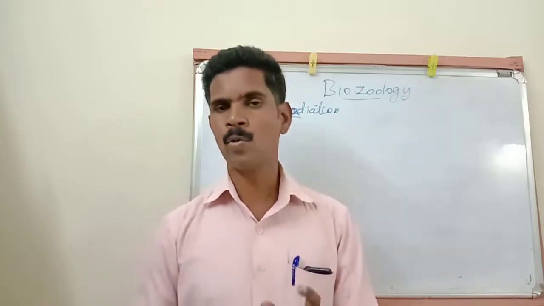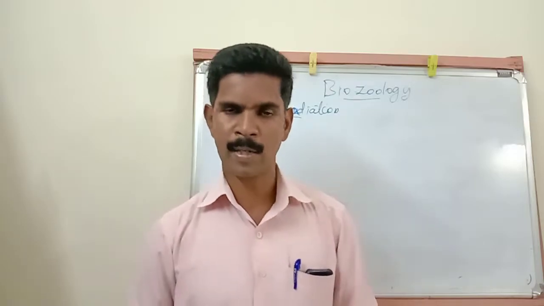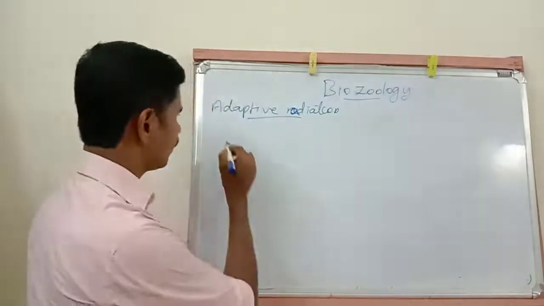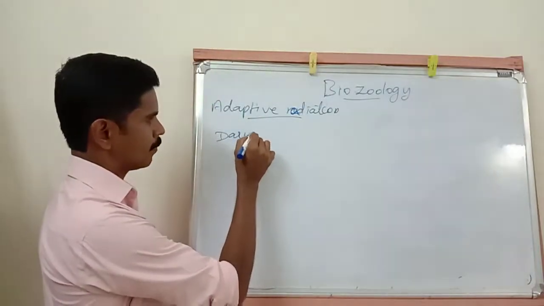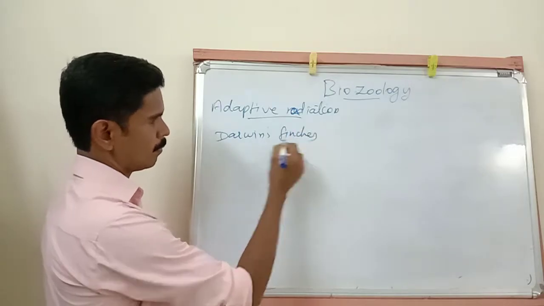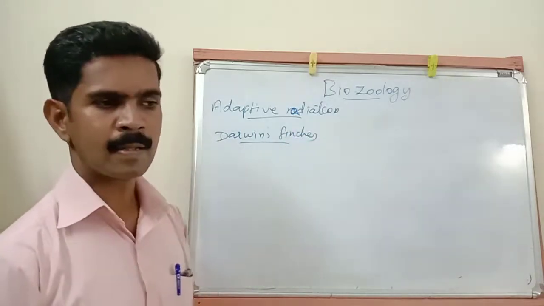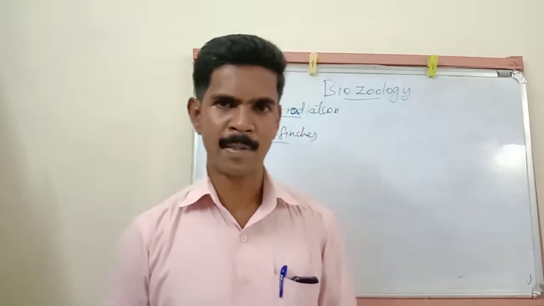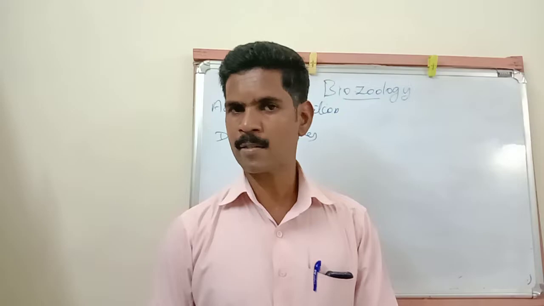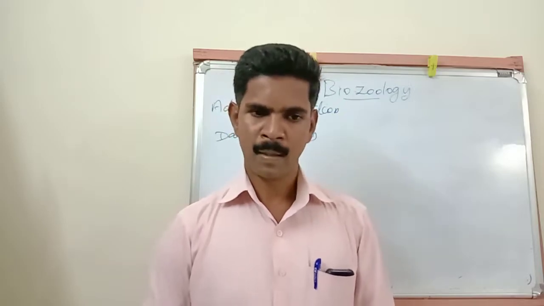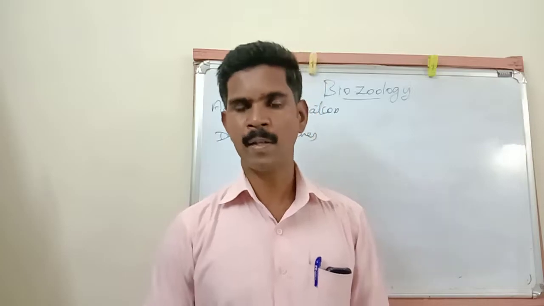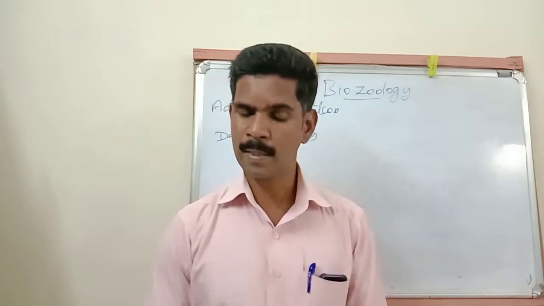In your book there are 2 examples given for adaptive radiation. The first example is Darwin's finches. See, Darwin's finches is a very small bird. The ancestors of these Darwin finches lived 2 million years ago.